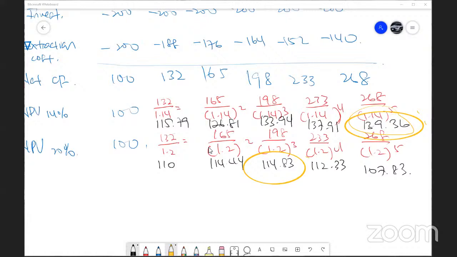Wait, what is this? 198 divided by 1.2 divided by 1.2 divided by 1.2. True. 114.58 also. Let me see.